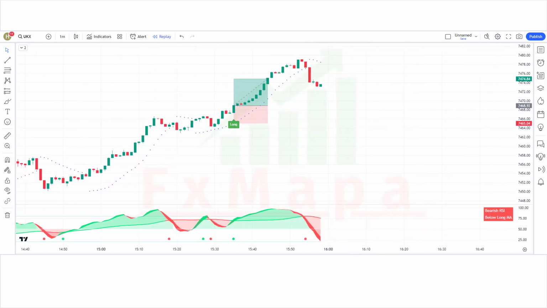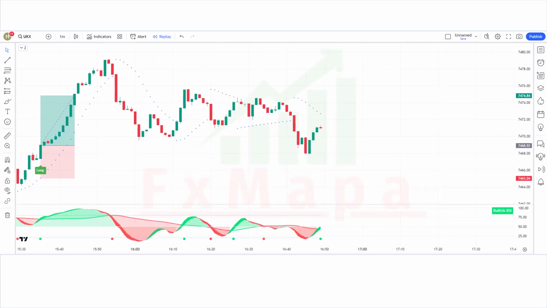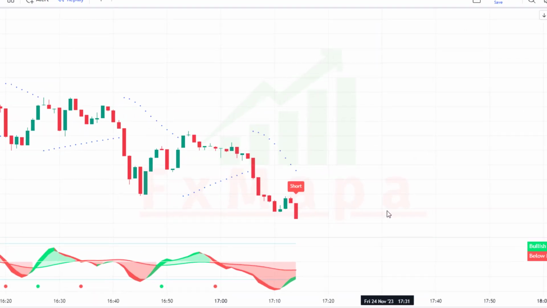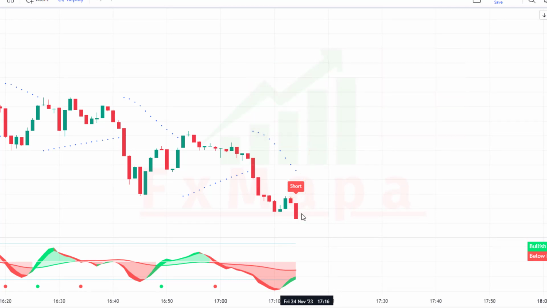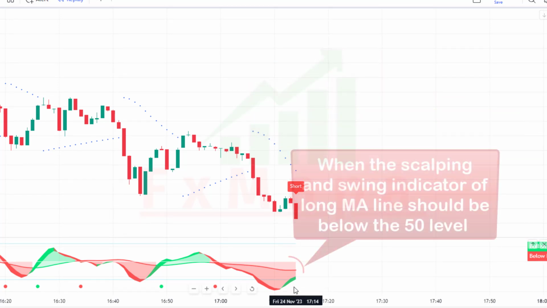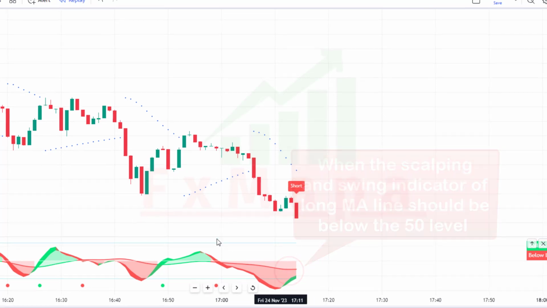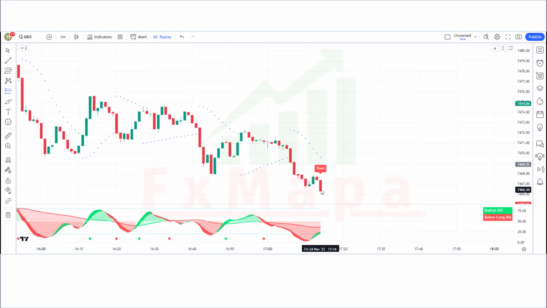Now let us understand short position. When the relative Andean scalping indicator has given us sell signals, when the market forms a bearish candle, and when the scalping and swing indicator's long MA line is below the 50 level, if this condition is fulfilled, then we will place a sell order.